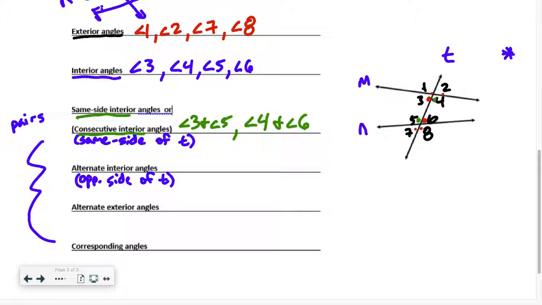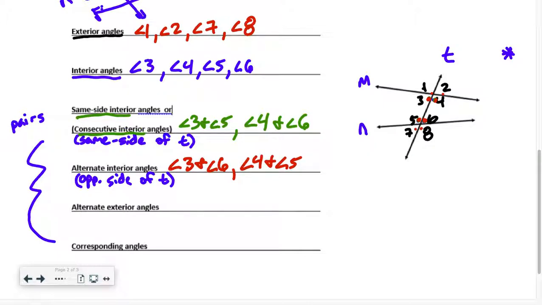They're on the opposite side of the transversal. Angle 3 and angle 6 are a pair of alternate interior angles. My other pair of alternate interior angles, of course, is 4 and 5. That's a couple of examples of alternate interior angles.